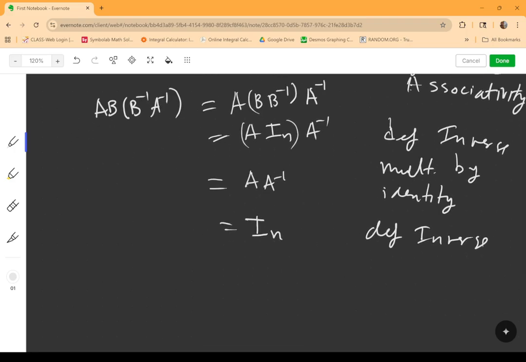So now we have that B inverse A inverse is the inverse of AB. Now the author calls it socks and shoes. Think of why the reversal of the products is necessary, if we think of undoing something.